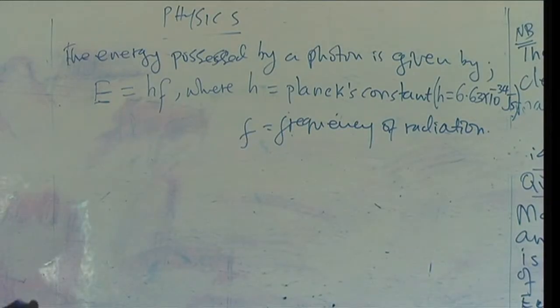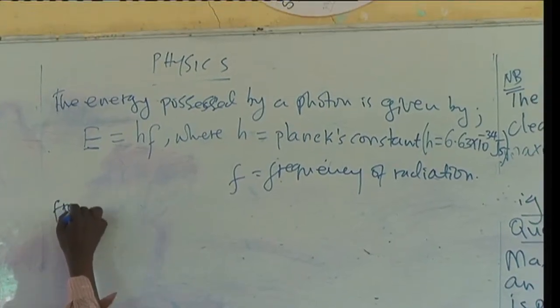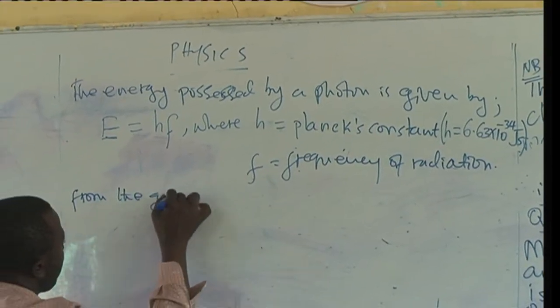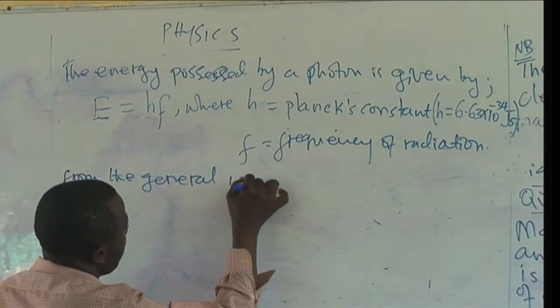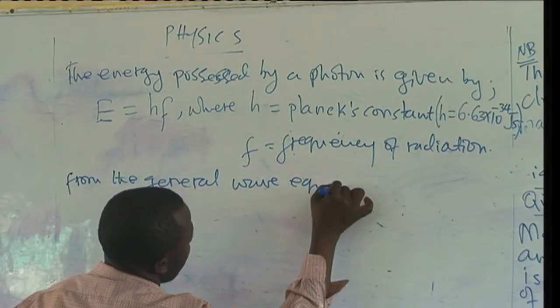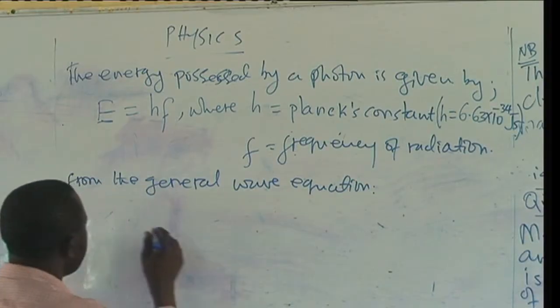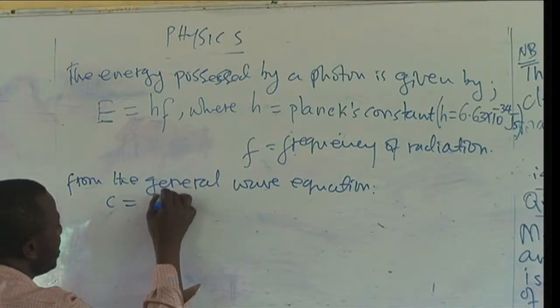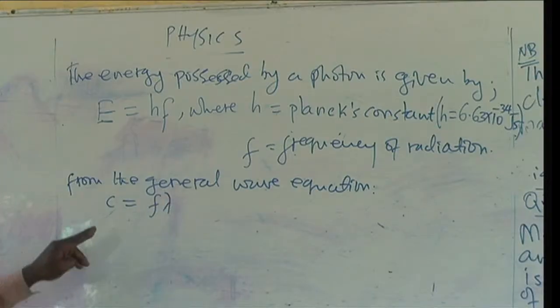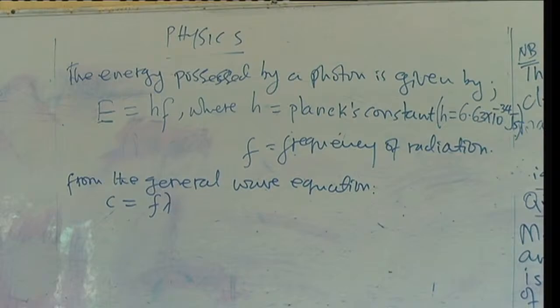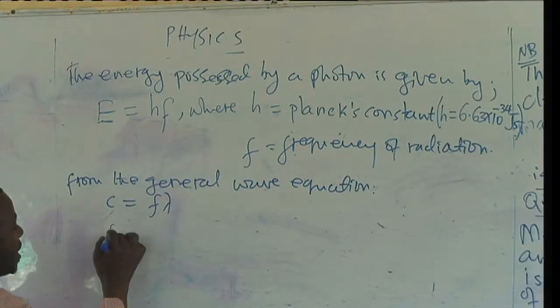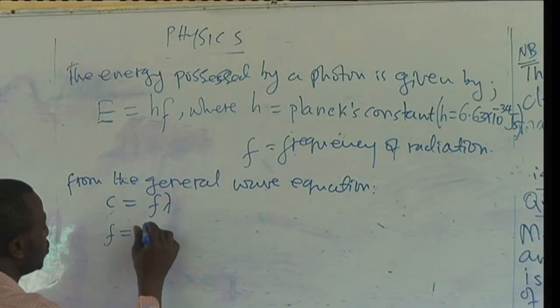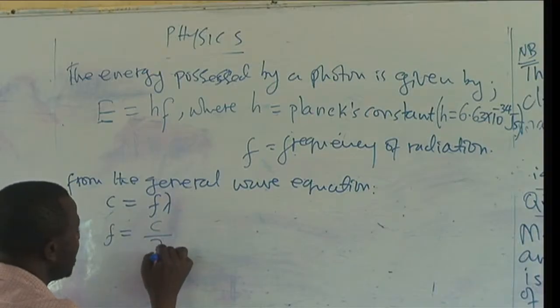Now, from the general wave equation we know that c equals f lambda, where c is the speed or velocity of light in a vacuum. And therefore, from that equation, we can make f the subject of the formula and get that f equals c over lambda.